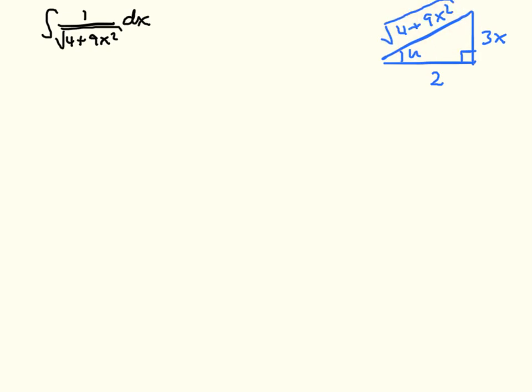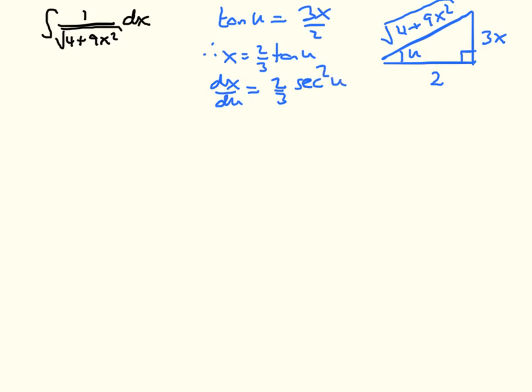So what we see is that the tangent of u is 3x over 2, so x is 2/3 tangent of u, so dx/du, which we will need in a moment, is 2/3 sec squared u.